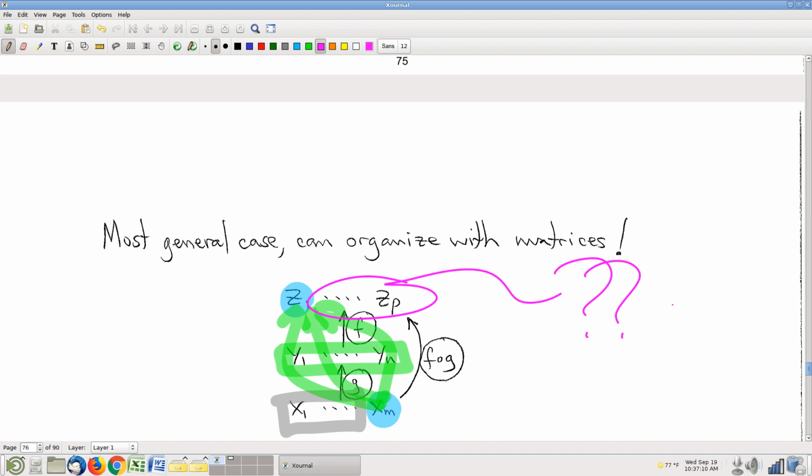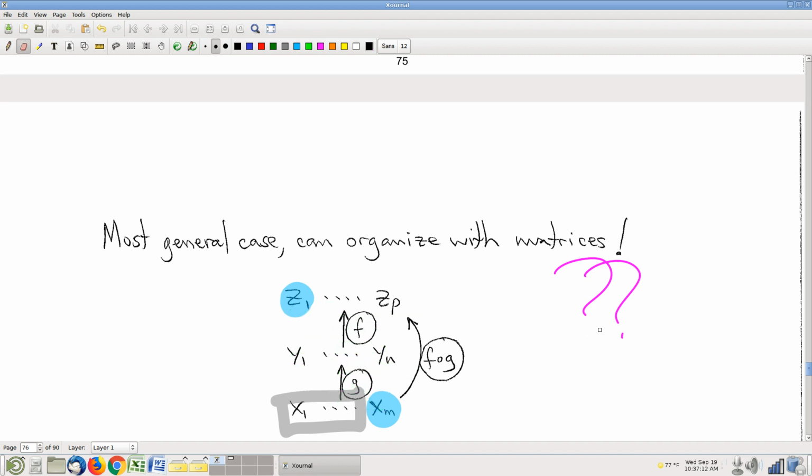I could ask a different question: what is the partial of ZP with respect to XM? Then again I have several different paths, and now what Z1 is doesn't matter. They're just several independent questions as opposed to somehow interrelated questions. Everybody happy with that?